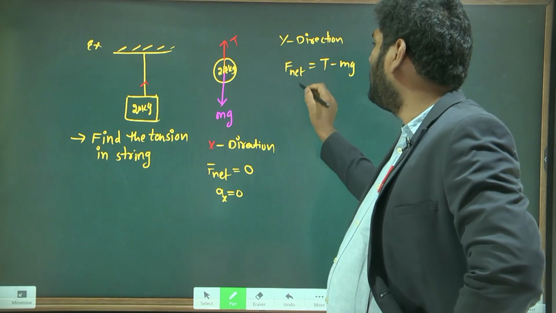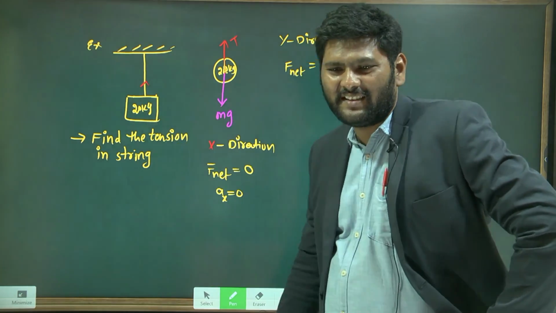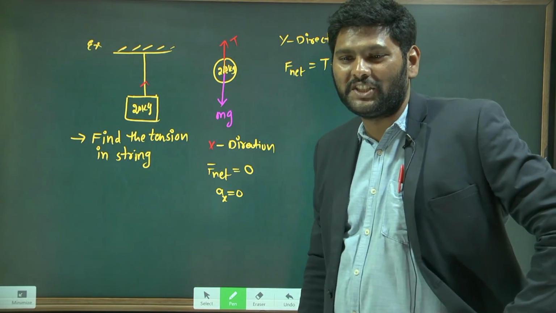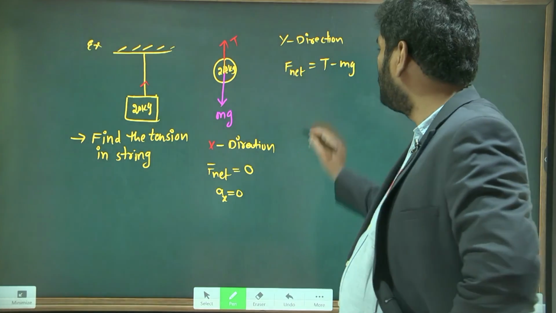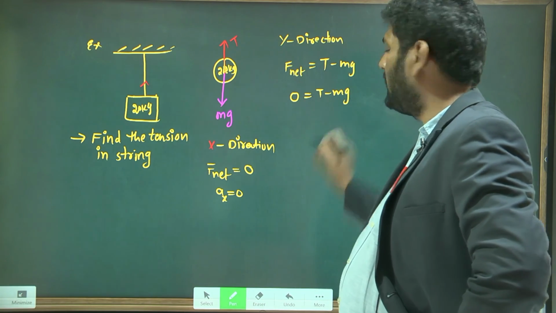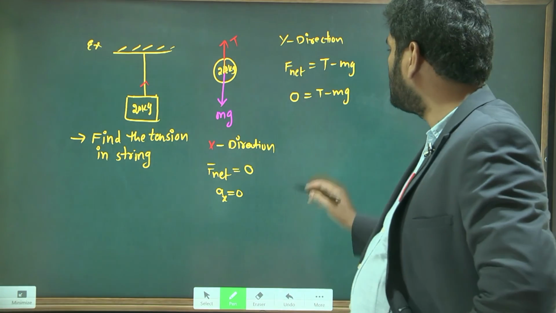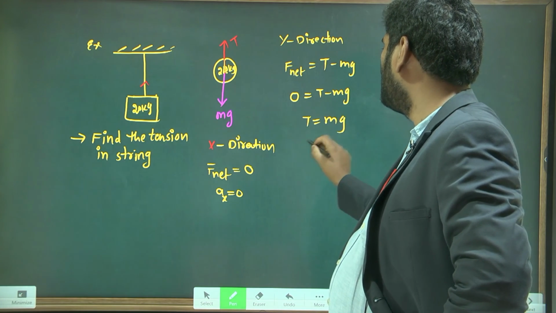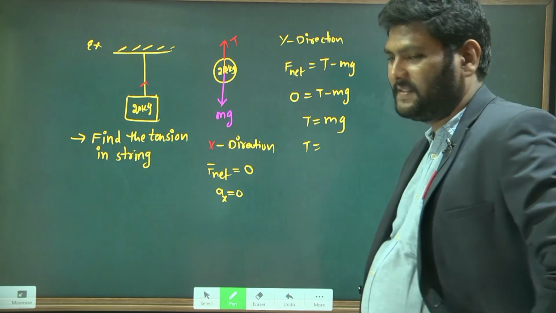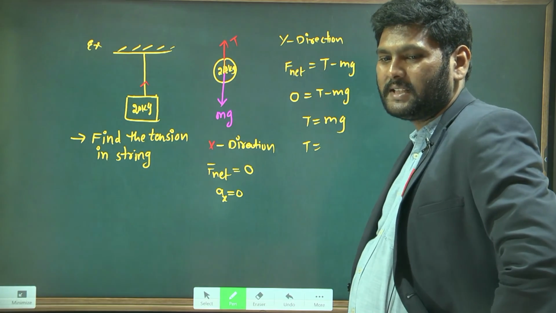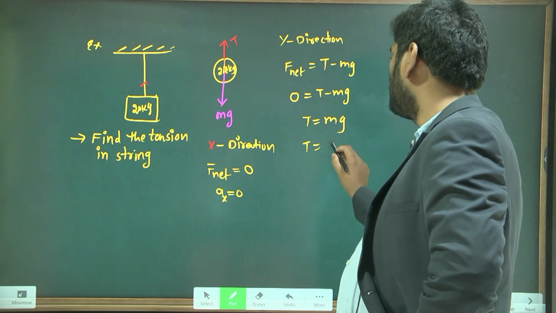But is the object moving anywhere? No, sir. So the net force is how much? 0. So 0 equals T minus mg. Understand? After this, T is equal to mg. What is the mass of the object? 20 kg. Very good.